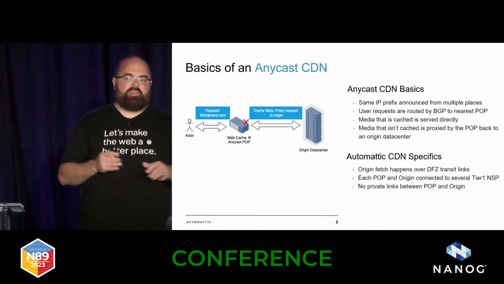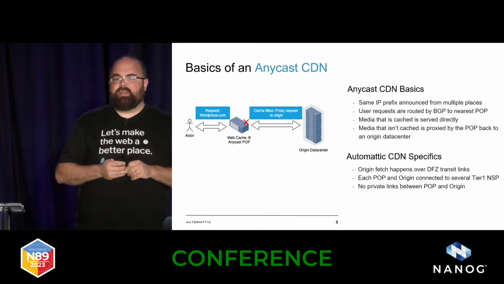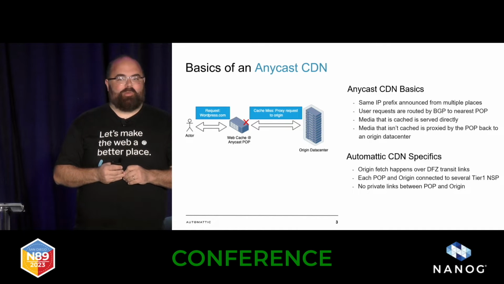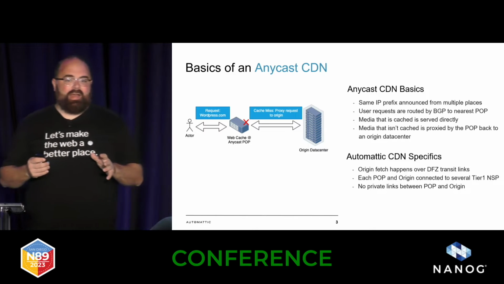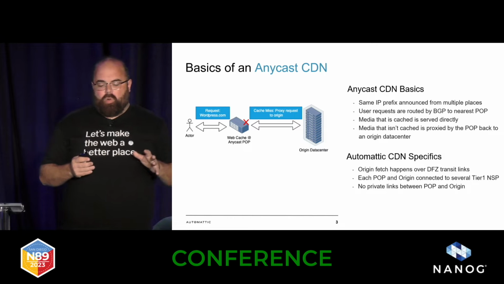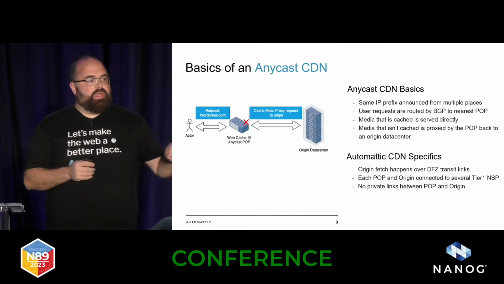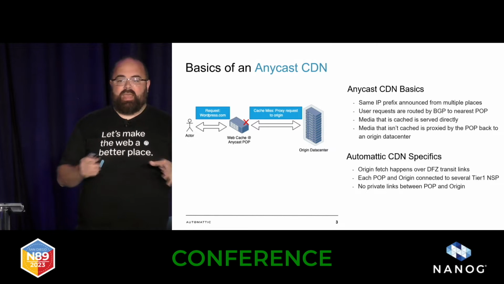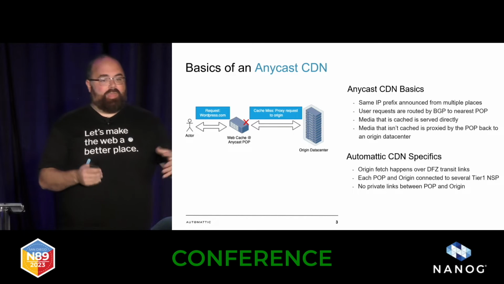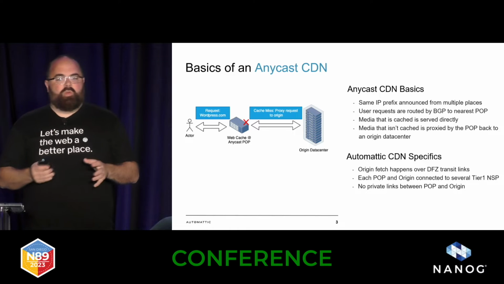We have a cache hit rate somewhere on the order of 90%. But that extra 10%, as they say, is the rub. That's where we spend a lot of our time. When we do a cache miss, that is, the data that the user asked for doesn't exist at the POP they landed at, we do what's called an origin fetch.